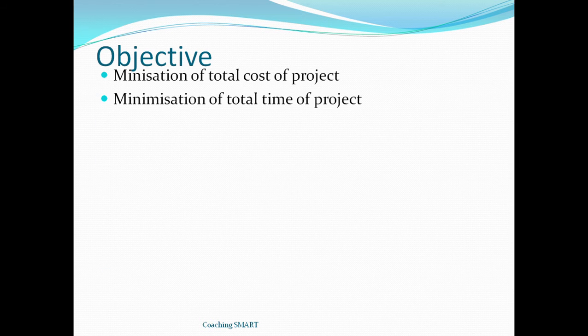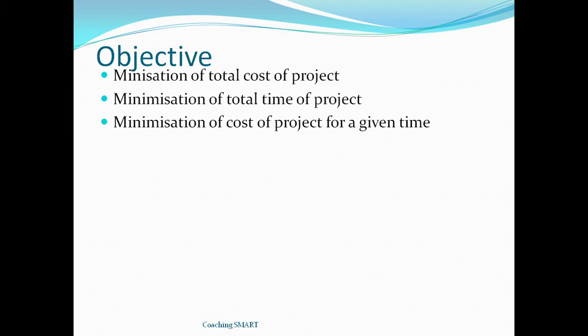Objective. Now, what are the objectives of network analysis? One, minimization of total cost of project. So you minimize the cost of running a project. Two, minimization of total time of project. When you are doing network analysis, you're trying to minimize the time taken to complete a project.